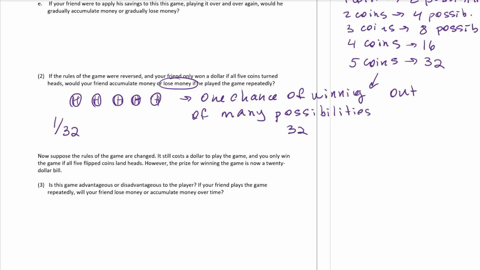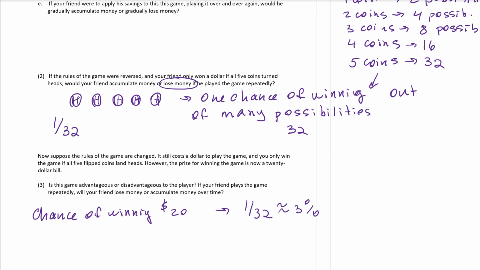So it's still a low chance, but there's a higher winnings, right? So if we try to conceptualize it, the chance of winning $20 is 1 out of 32, which is about 3% if you divide.